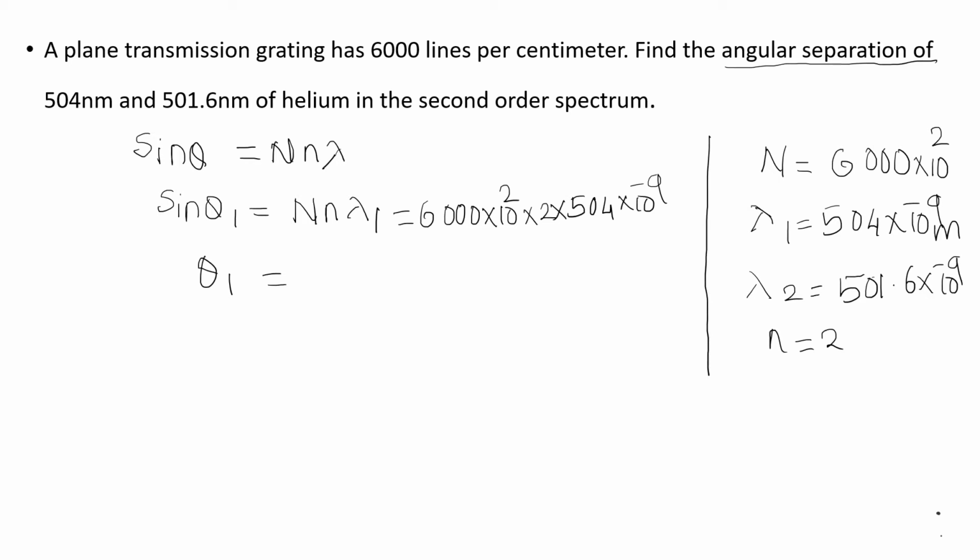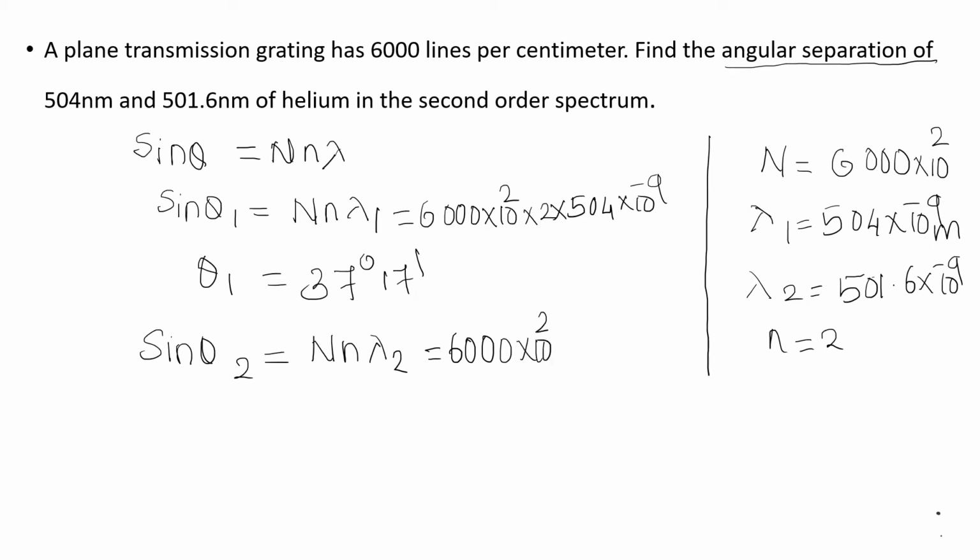Therefore theta 1 is given as 37 degree 17 minute. And for the second case, sine theta 2 is N n lambda 2, and this will give 6000 into 10 square into 2 into lambda 2, which is 501.6 into 10 raised to minus 9.